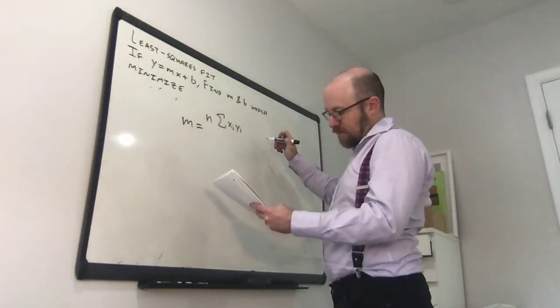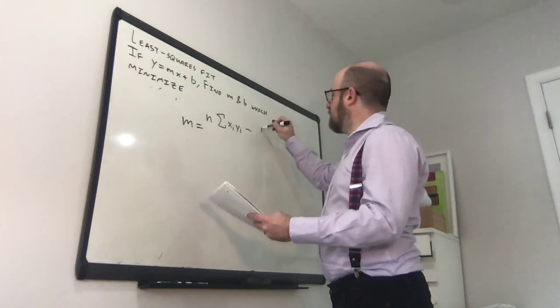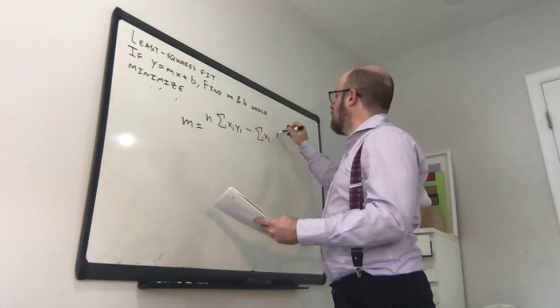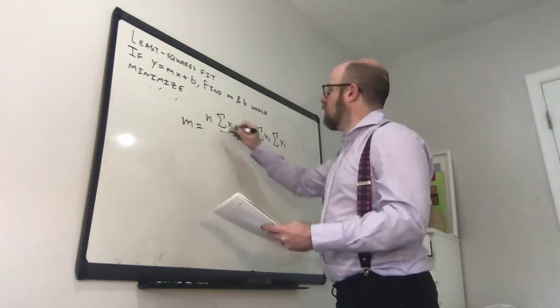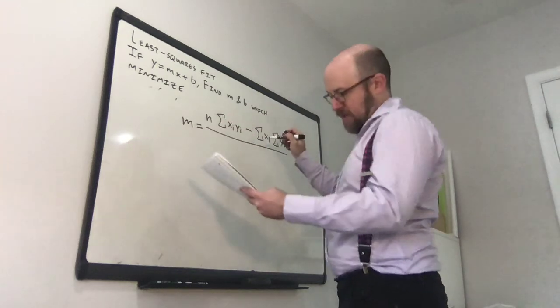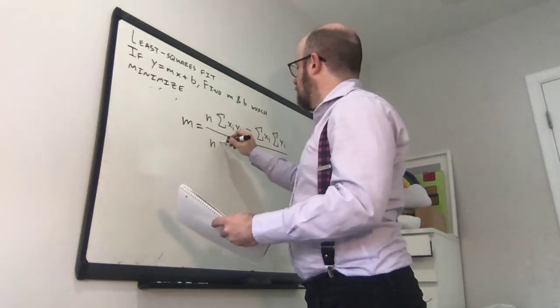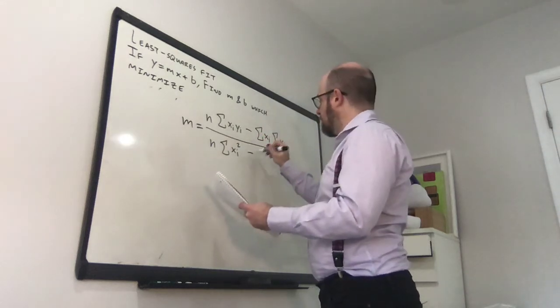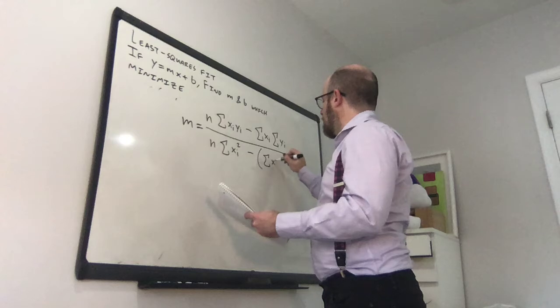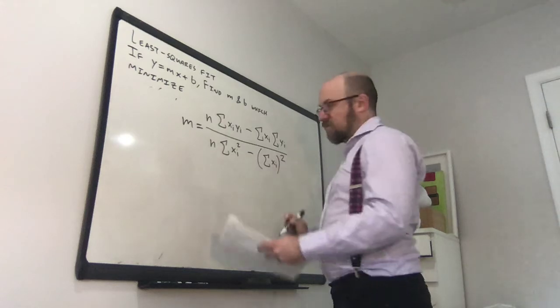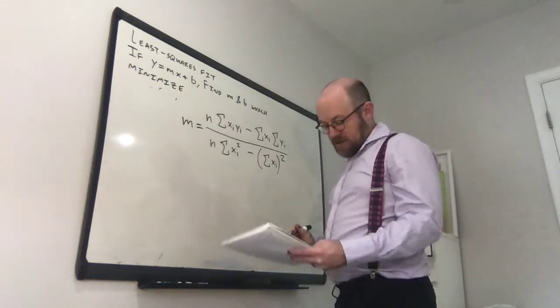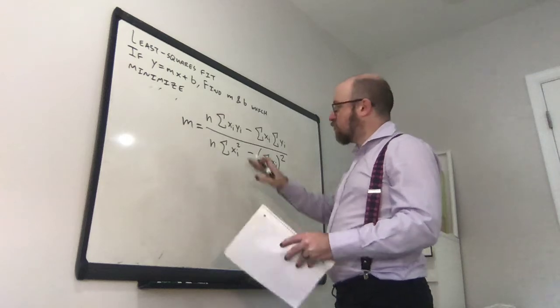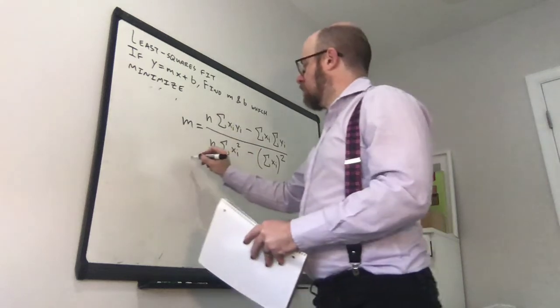So n times the sum of xi yi minus the sum of xi times the sum of yi, all divided by n times the sum of xi squared minus the sum of xi, quantity squared. Okay? So that's what m is equal to.